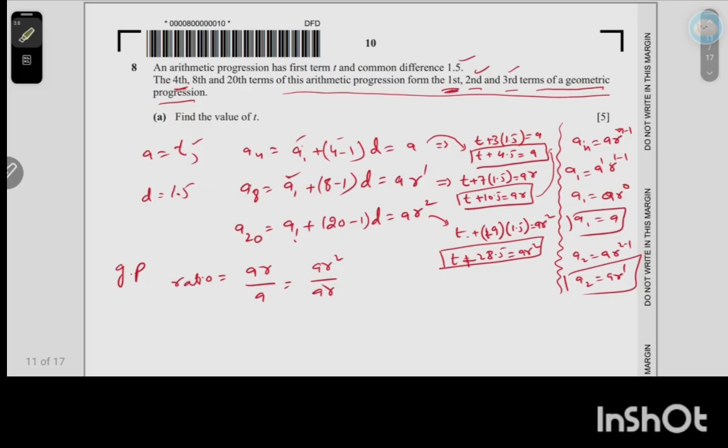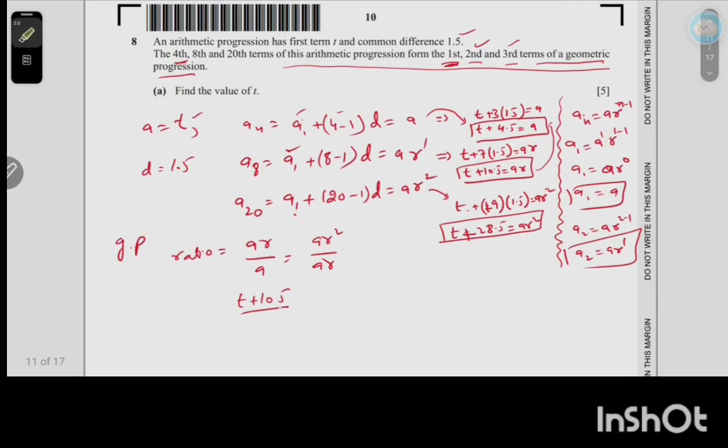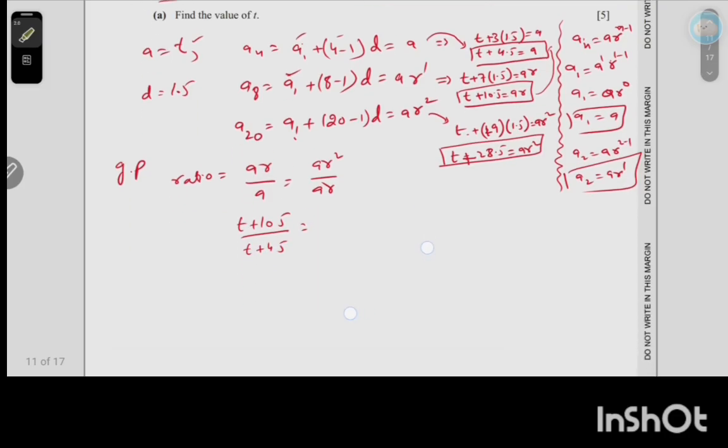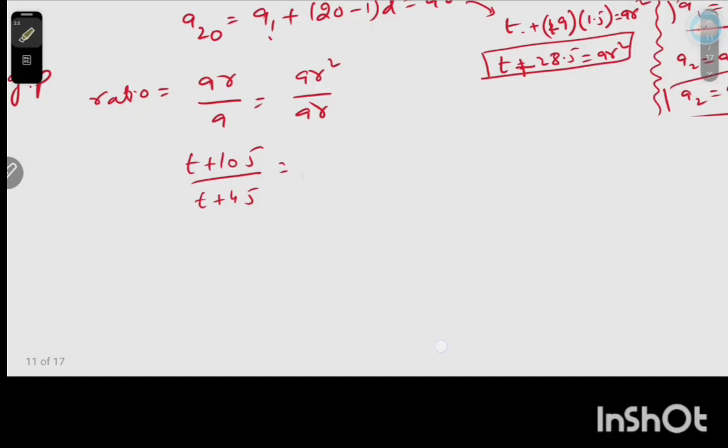Now we put all these values here. The value of ar is t plus 10.5, and the value of a is t plus 4.5. Similarly ar square is t plus 28.5, over t plus 10.5.